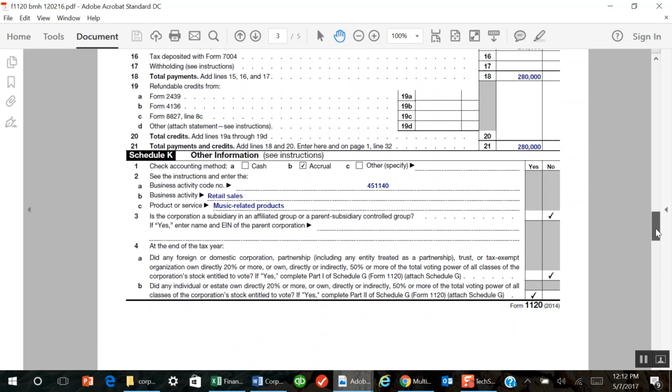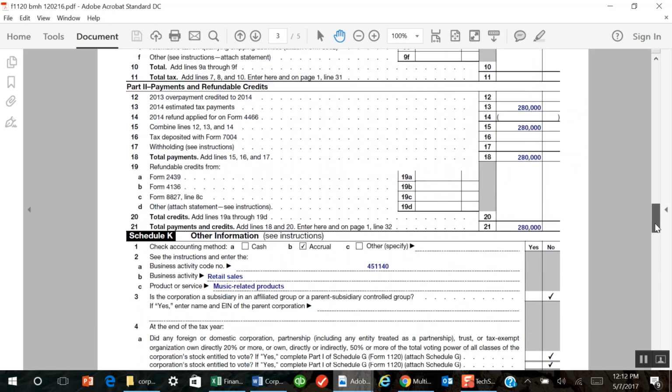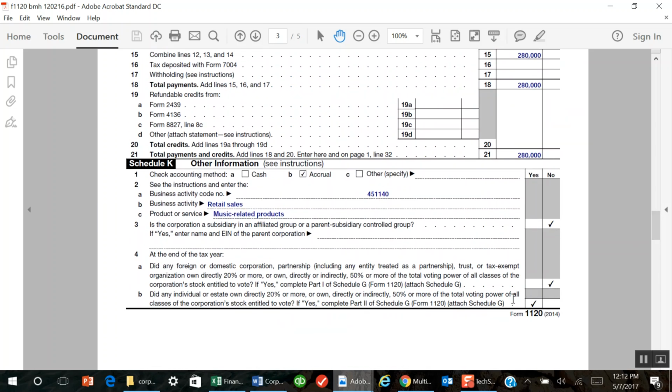So I didn't take off unless you put no on line 4B, where it says, did any individual or estate own directly 20% or more of the voting power of all classes of the corporation stock entitled to vote? Well, that answers yes, because Alvin owns 60% and Fiona owns 40%.